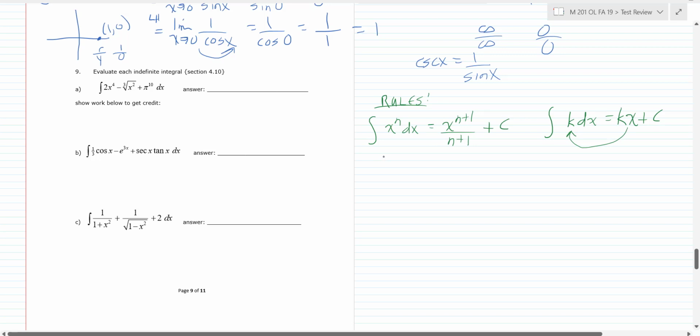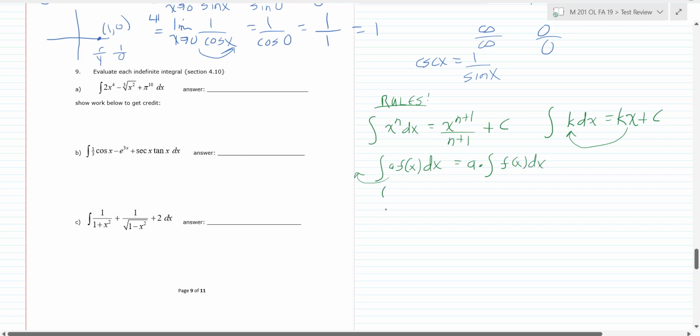The other thing that we learned is that if you have a constant times a function, then you can pull that out. So that's a times the integral of f of x dx.